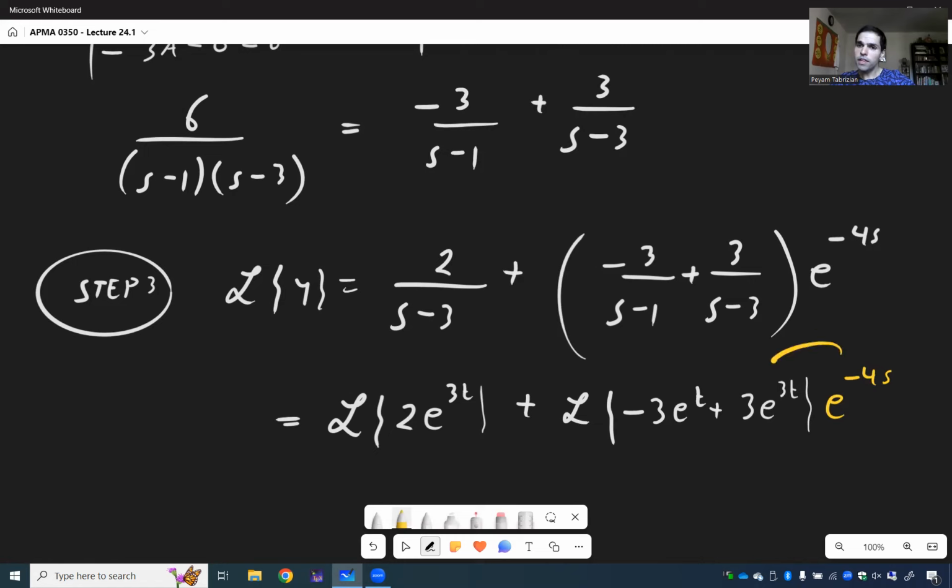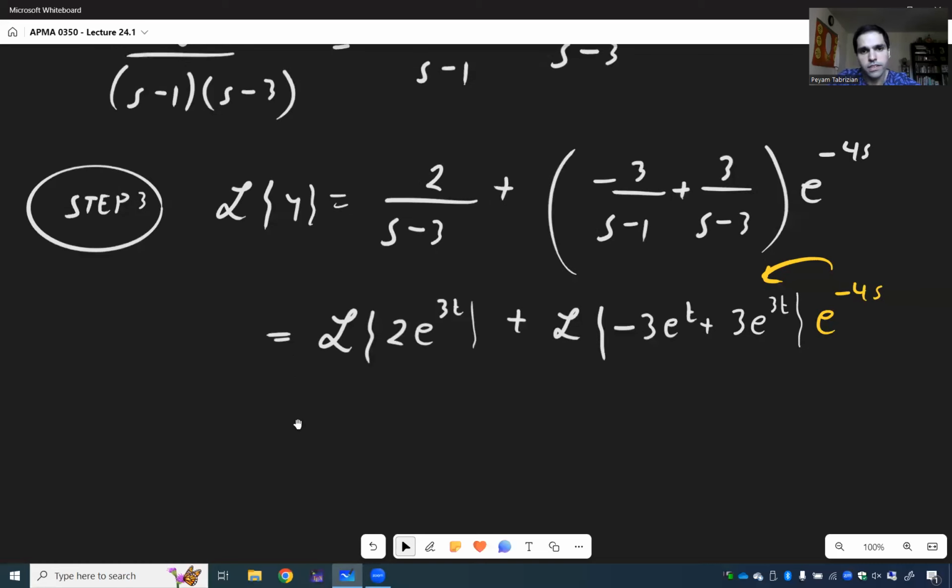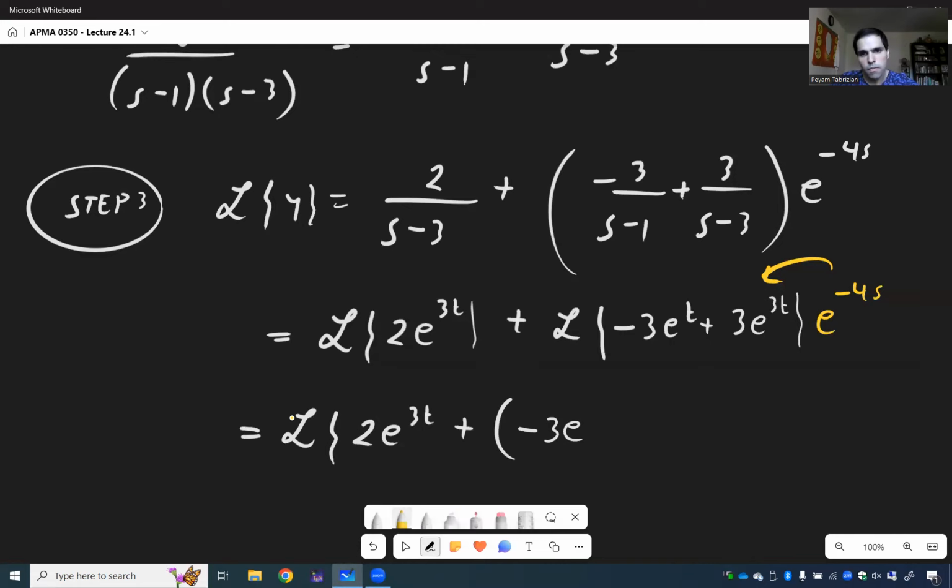And now remember, if you put an exponential term inside, it gives you a shift and jump. And so what this gives us is L of 2e to the 3t plus minus 3e to the t minus 4 plus 3e to the 3 times t minus 4, and then u4 of t.